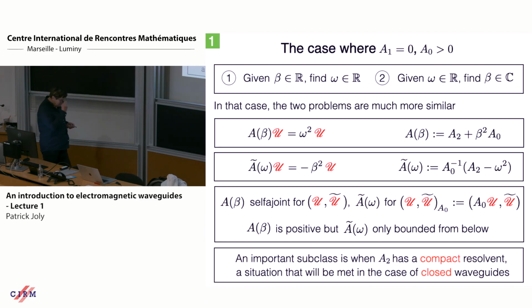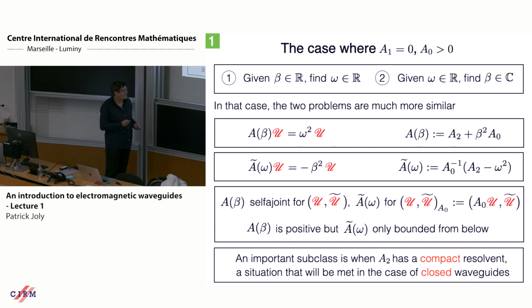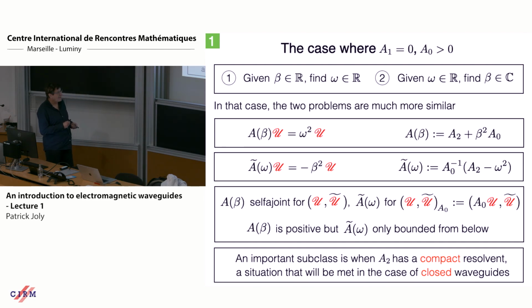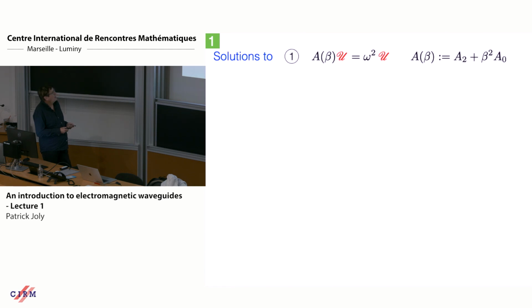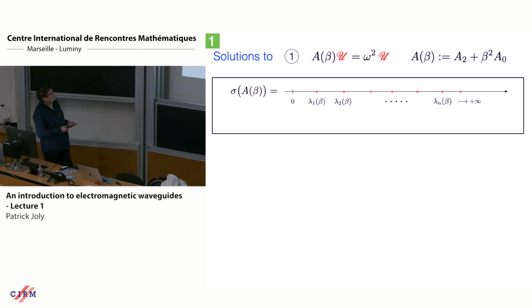I will restrict myself to the case where the operator A2, the principal part, has a compact resolvent, which is a situation that will be met with a closed waveguide. In that case, for solving the first problem, finding omega given beta, you have to introduce the spectrum of the operator A of beta.